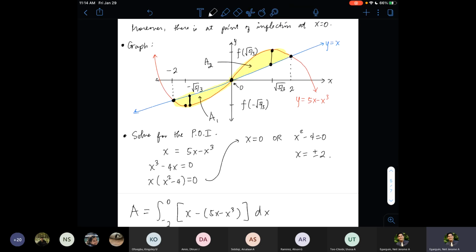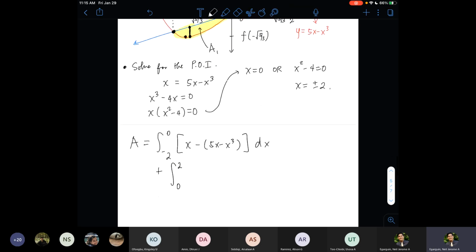If you remember, the top function is the red one, which is the cubic. So I'll have 5x minus x cubed minus the blue function, which is x, dx. All right. Is that good, guys?